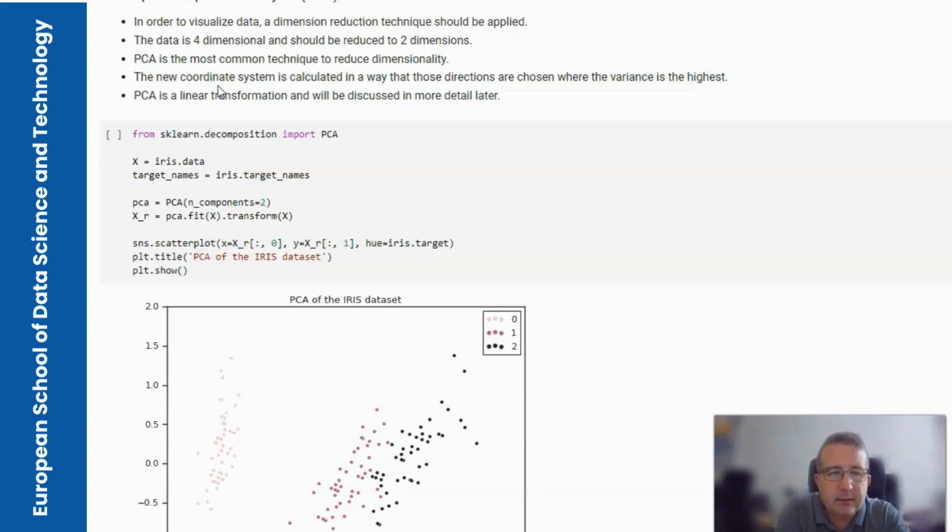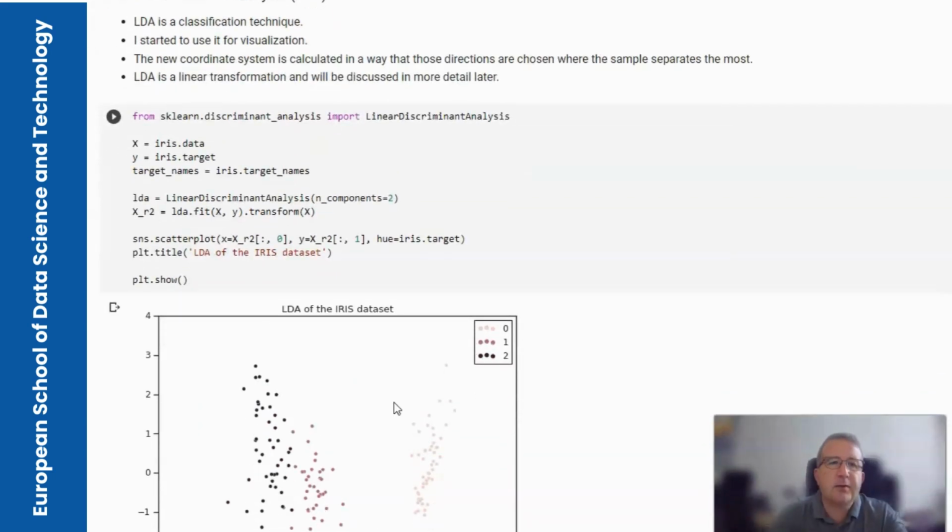There is a technique which is called linear discriminant analysis. Linear discriminant analysis is not a dimension reduction technique, it is a classification technique. But I sometimes do this trick to visualize my data with LDA because the goal of LDA is to create a representation of the sample that supports the linear separability the most.